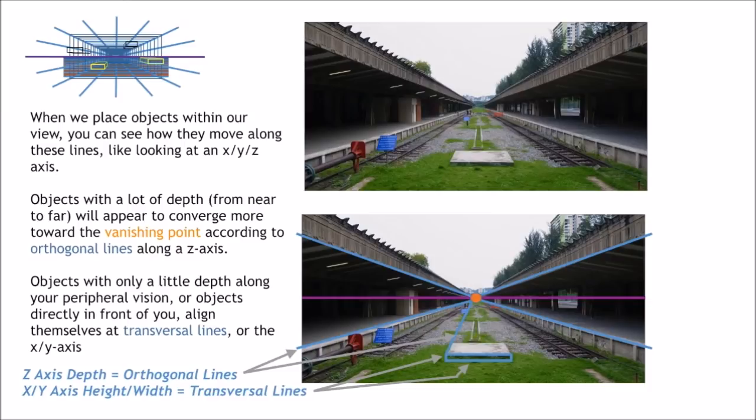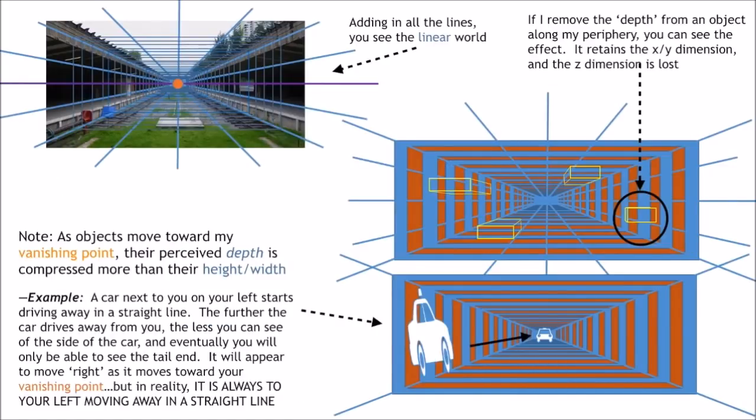You have some kind of rectangular box platform cement structure in the middle, and that is going along the XY coordinate, or those transversal lines. So if I added in all the lines, you would see the linear world in which we exist, represented in perspective. So again, all points converging towards a central point, but proportional.